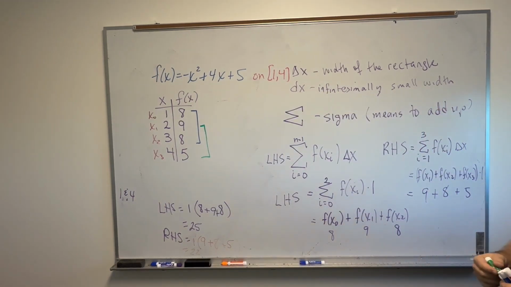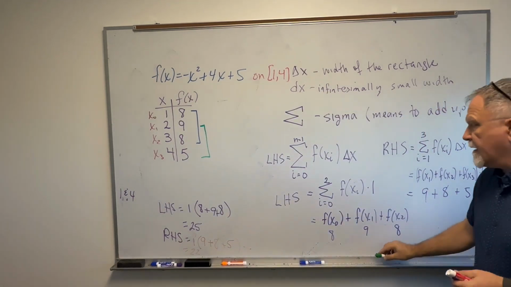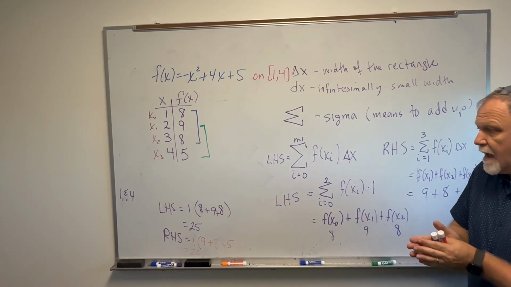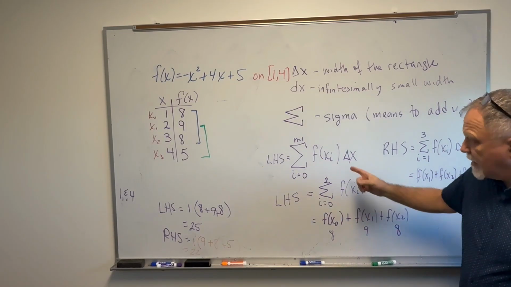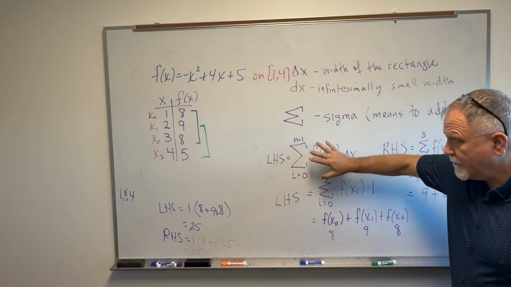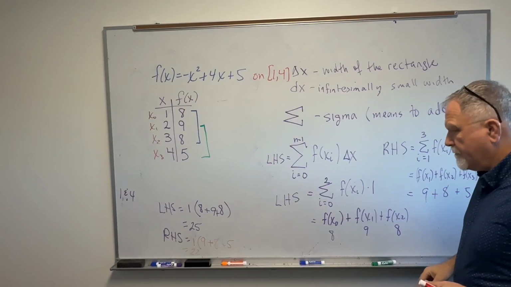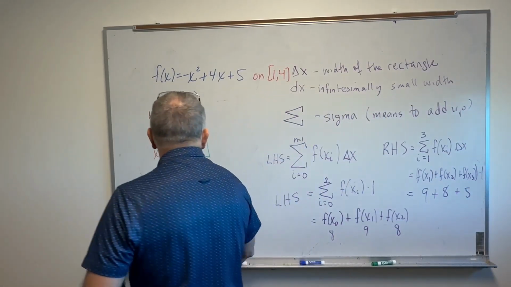Okay. So let me then continue to work with that notation, represent this idea of having infinitely many rectangles. So I'll use this notation now, which we've set up, can be used to represent the left and right hand sums as follows.